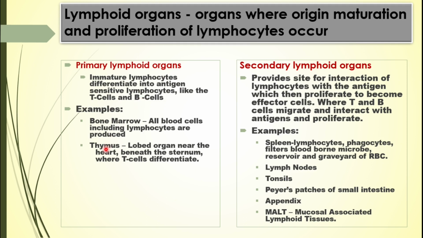The thymus, as we learned earlier, is located below the heart, beneath the sternum, and we found a group of lymphocytes which have developed in the bone marrow, migrating to the thymus and differentiating themselves into T cells. So, the thymus is also an example of a primary lymphoid organ.